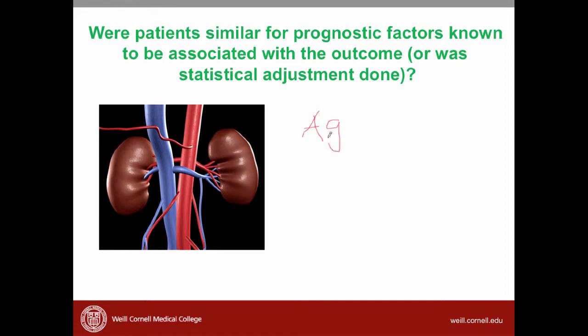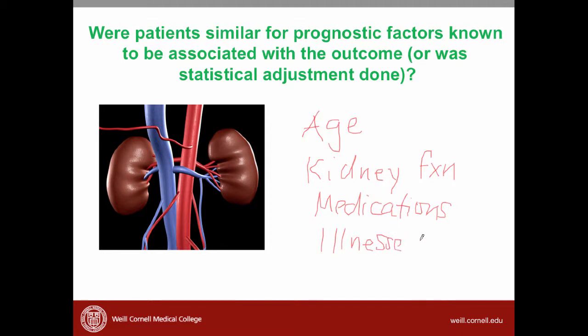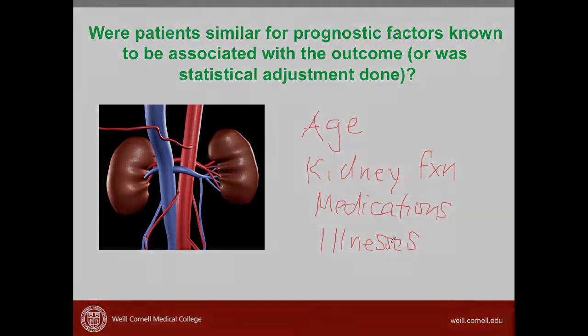A patient's age, a patient's underlying kidney function, other medications, and other illnesses. It would be very unusual for patients who were on the antipsychotics versus those who weren't to be completely similar with regard to all of these factors. Let's take a look and see.